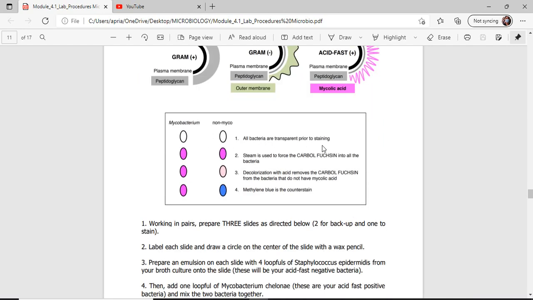With the use of carbolfuchsin, it gives a pinkish or red color. After you decolorize, your mycobacterium, which is an acid-fast bacteria, stays red, while the non-acid-fast will give a light pink. Then after you apply the counterstain, methylene blue, only the non-acid-fast turn blue.